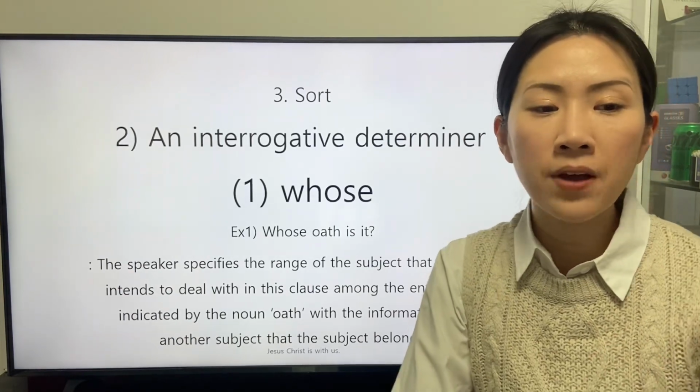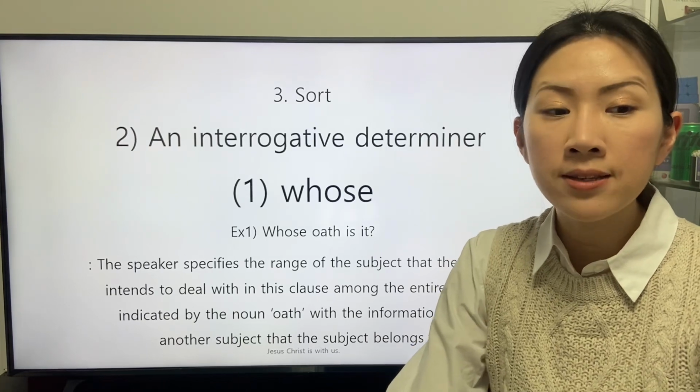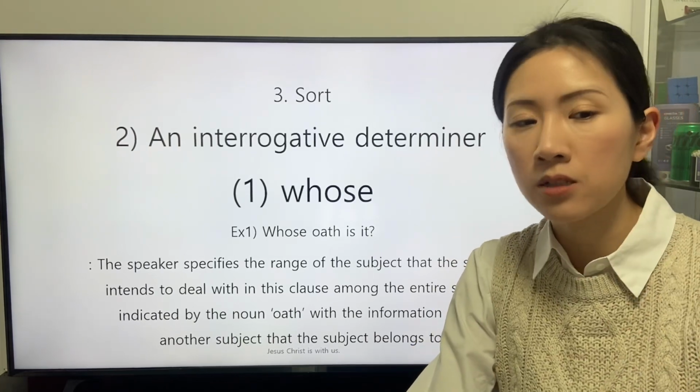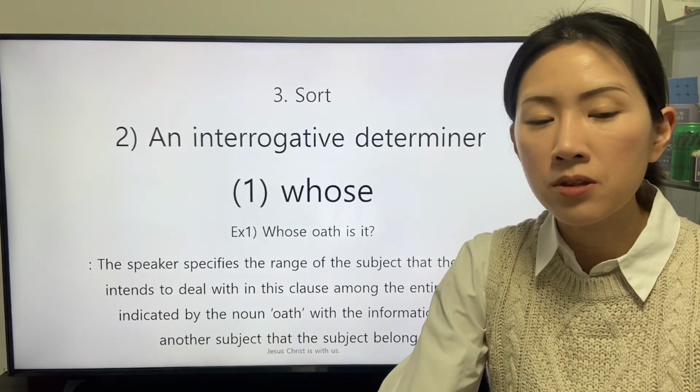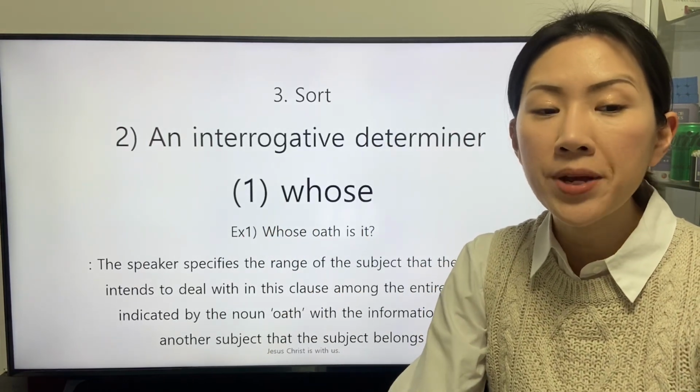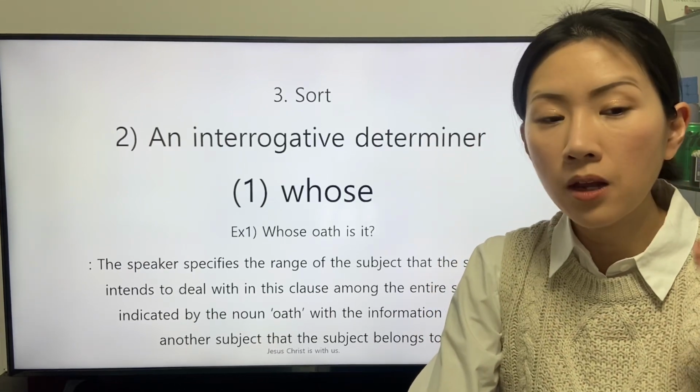The speaker specifies the range of the subject that the speaker intends to deal with in this clause among the entire subject, indicated by the noun oath, with the information about another subject that the subject belongs to.